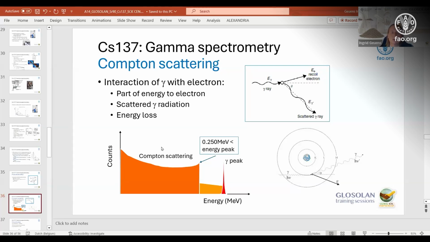That energy loss can be a lot, but also much less. So there is a whole background in the first part of the spectrum before you see your gamma peak. It's all before the energy peak of the gamma. It starts from 0 and goes up to the gamma peak itself.